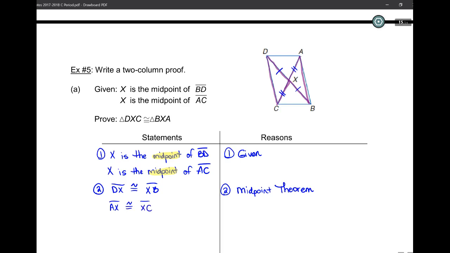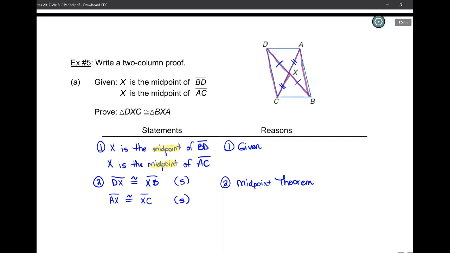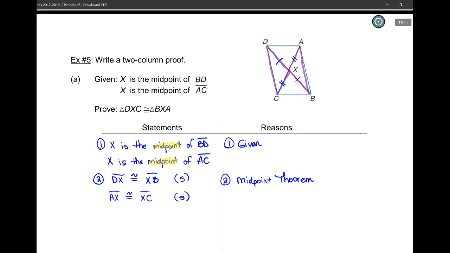Now, looking at our two triangles, we already have one pair of sides, here's a second pair of sides, and that's all we can use from our given statement. So when we're done with all the information, we look back at our picture and see, is there anything else that we can identify? Well, they don't share any sides.